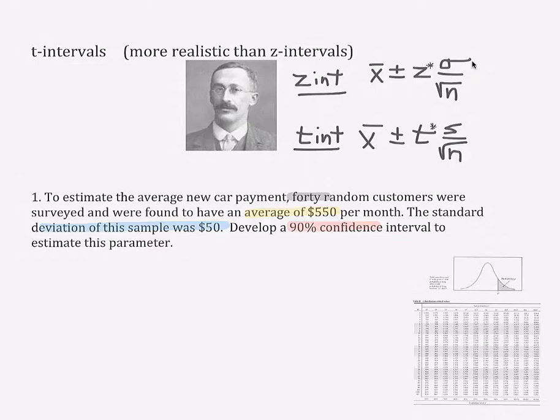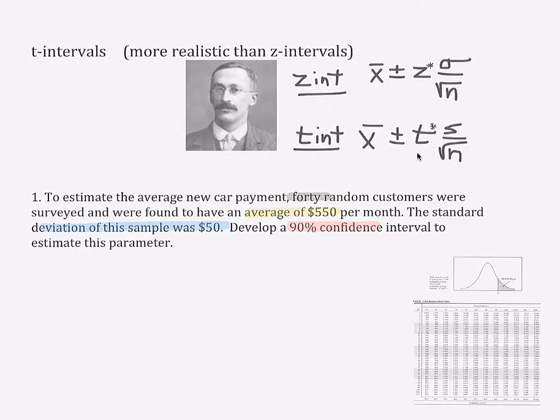And that standard deviation that they used in the z formula was based on prior experience instead of the actual sample at hand. So it's likely that your teacher, maybe myself included, has already mentioned that problem with the z-interval formula. And the t-interval formula was Gossett's improvement towards it.